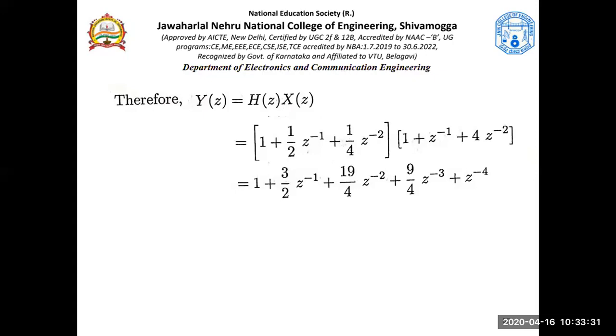So for delta of n minus 1, the z transform is this. If we apply the inverse z transform, we'll get delta of n minus 1. If we apply the inverse z transform of this, we'll get delta of n minus 2. If we apply the inverse z transform on z to the minus 3, we'll get delta of n minus 3, and this is delta of n minus 4.